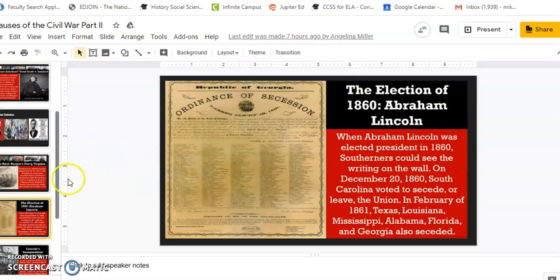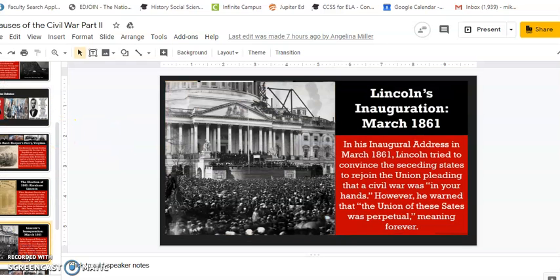So moving forward, the election of Abraham Lincoln. So Abraham Lincoln, when he's running for president and he's collecting votes, it's becoming clear that he doesn't need any electoral votes from the South.